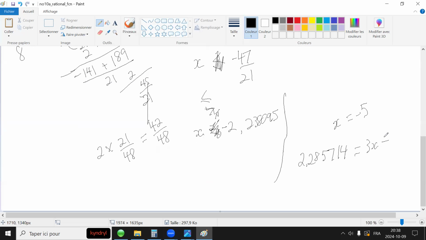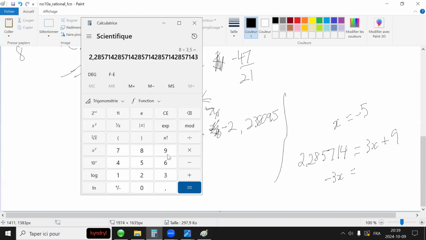So I'd switch this to the other side, so it's going to be minus 3x, which on the other side becomes negative. So 9 minus this, or this minus 9. It's going to give me something positive in the end, which is 6.714285.